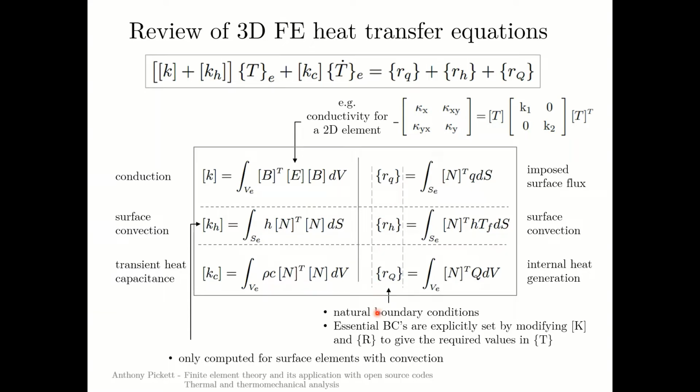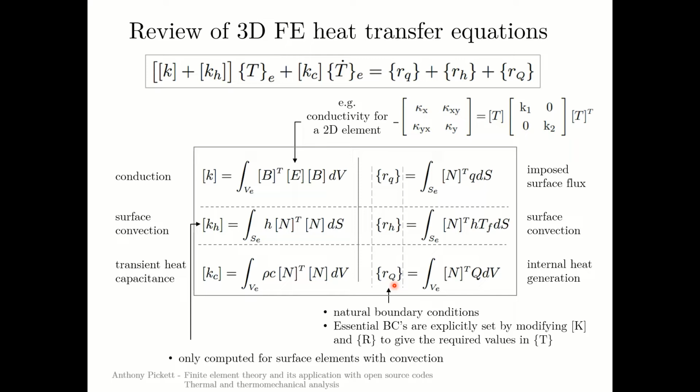If we have internal heat generation at some particular point, then this vector will be computed for all of the elements where this heat generation is occurring. So this could be, for example, some heating element internally. Essentially this whole operation is converting the internal heat generation amount to equivalent nodal values, which are put in here.